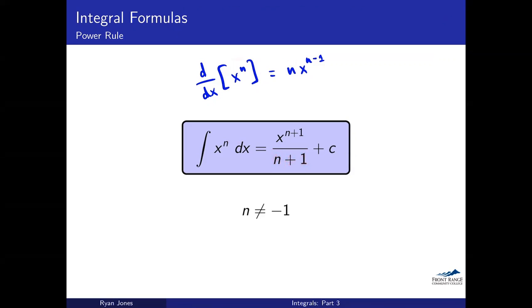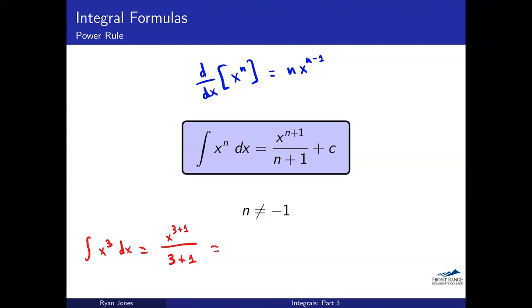Let's look at this in an example. If I have the integral of x cubed dx, using this formula, I am going to add 1 to the exponent, and that results in a 4, 3 plus 1, which means that I just divide by 4.